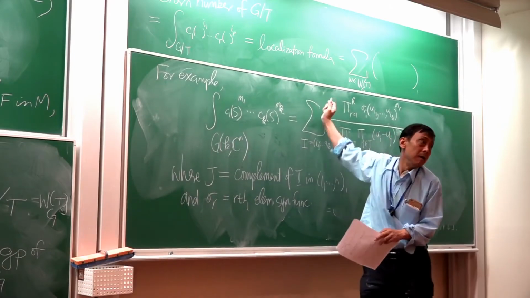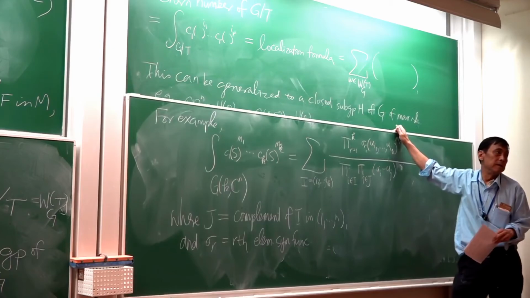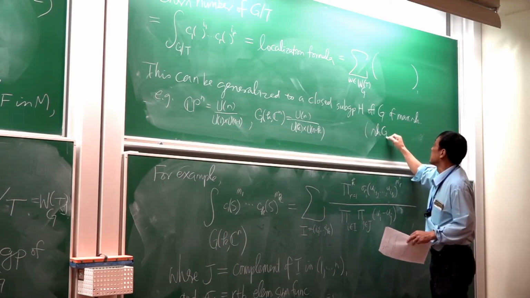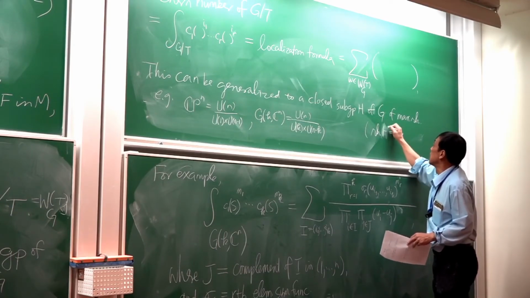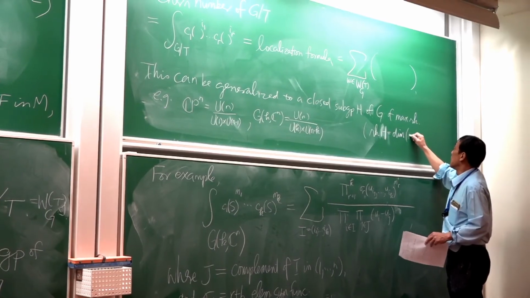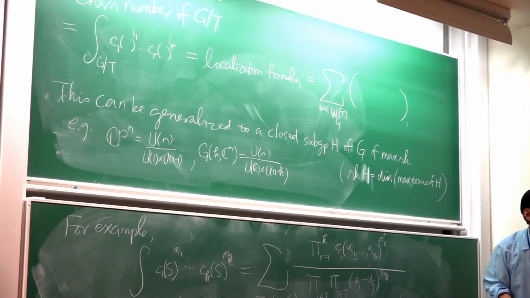So the rank of H is the dimension of the maximal torus of H. Every compact Lie group has a maximal torus, and all the maximal tori are conjugate, so they all have the same dimension.